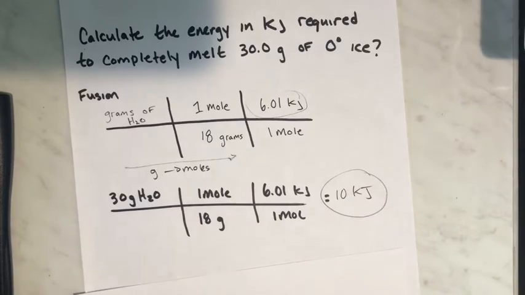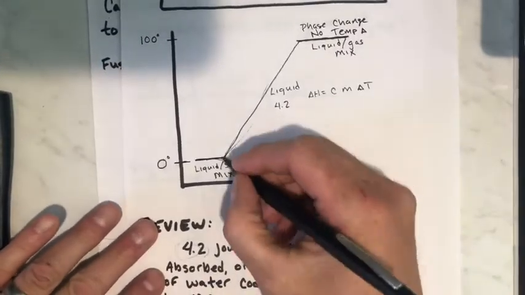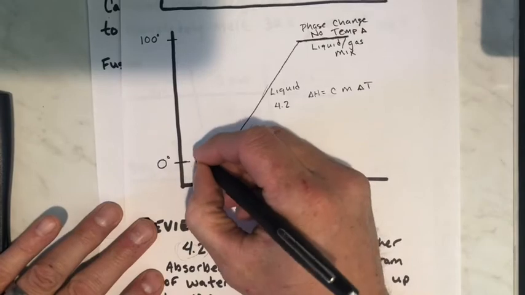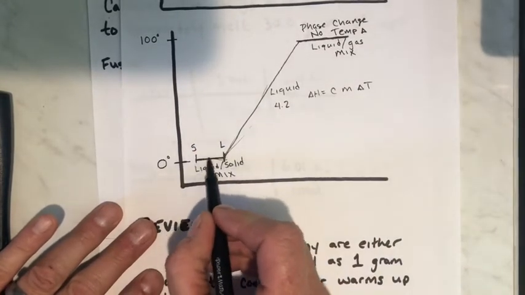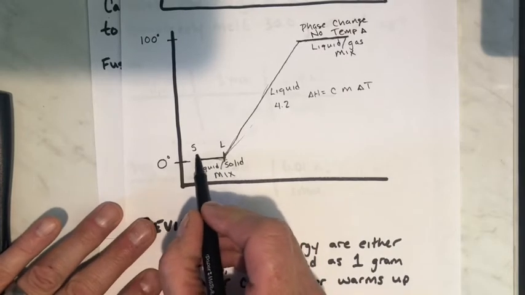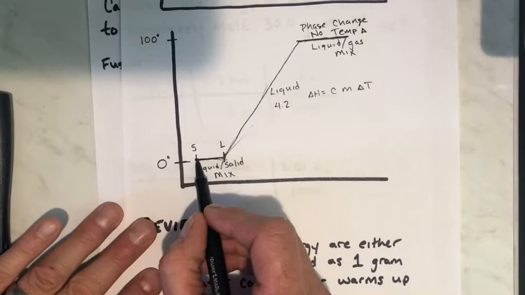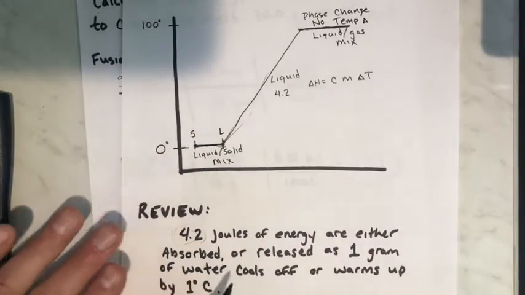But keep in mind, and I'm going to go back to this graph here, we're basically looking at this stretch. We've got our liquid here and our solid here. So you'll see that we haven't changed the temperature at all. We've just moved along this scale from solid water to liquid water. So the phase has changed, but the temperature has not changed. It's all at 0 degrees.